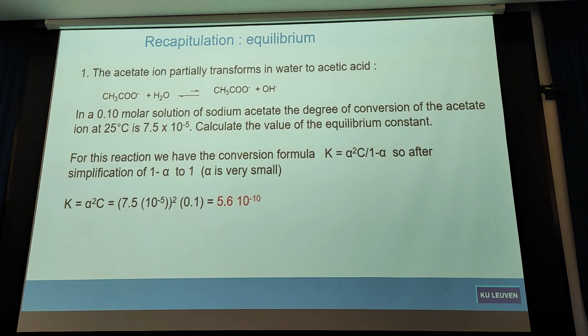Okay, so this is our first assignment after the equilibrium chapter. So it's about the acetate ion, which partially transforms into acetic acid. You see, I still have the same mistake that I corrected in the exercise, but not in the solution.